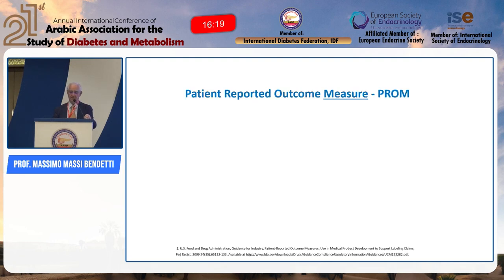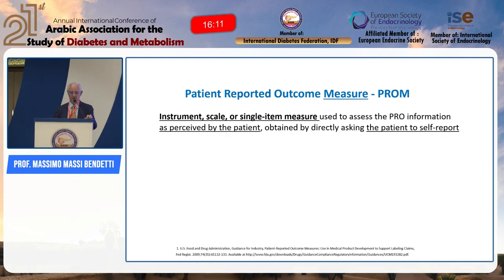This type of patient-reported outcome needs to be measured, so it needs to be considered. There is the need for measurement through an instrument, scale, or single item measure used to assess the information as perceived by the patient, obtained by directly asking the patient to self-report.